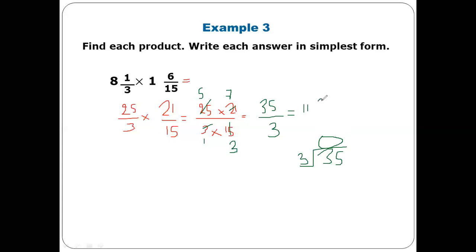I will still have 2 as a remainder and 3 as a denominator, and this is the final result in its simplest form.